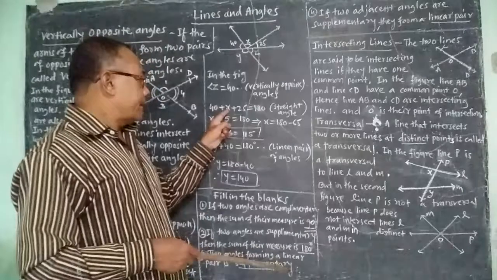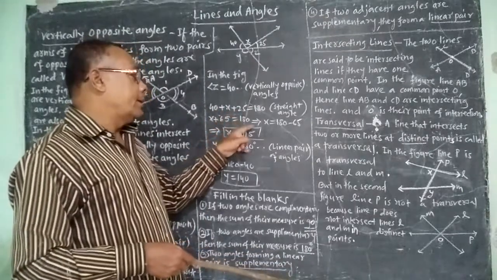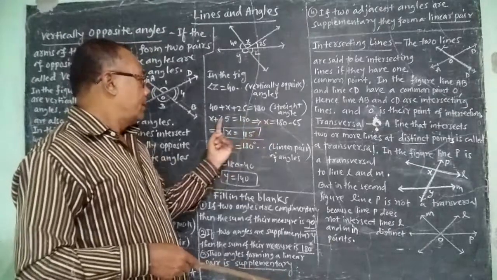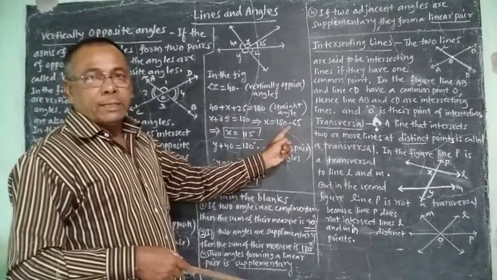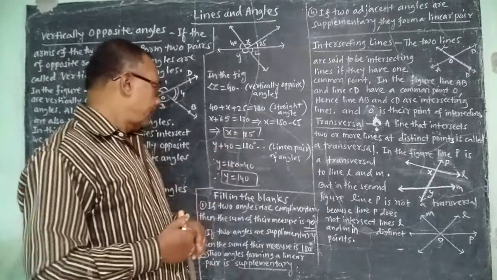Now 40 plus 25 is 65, so x plus 65 is equal to 180, implies x is equal to 180 minus 65, and then we will get x is equal to 115.